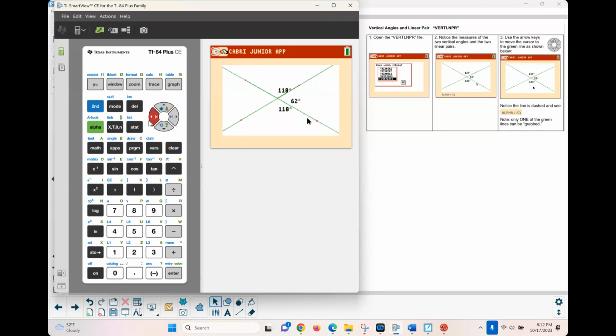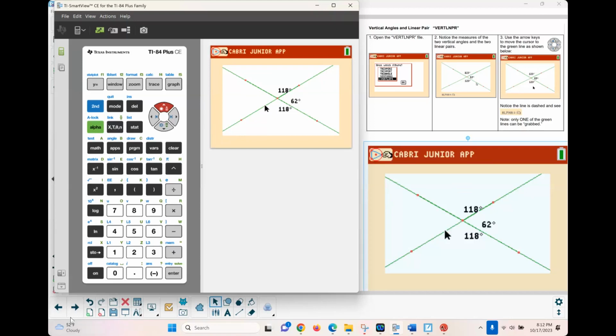And notice if I go over to the other line, some lines are not movable by the way they're constructed. Here, if I go to this line, as hard as I try, I'm not going to be able to grab it. So be aware of that. Again, I'll pull that one off.